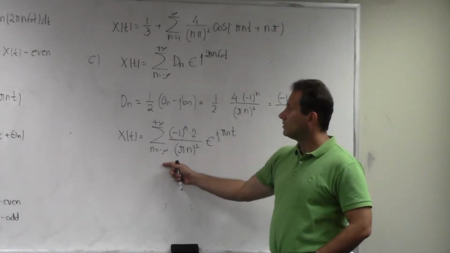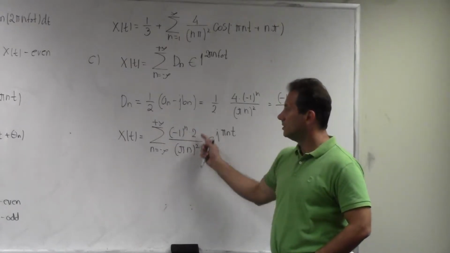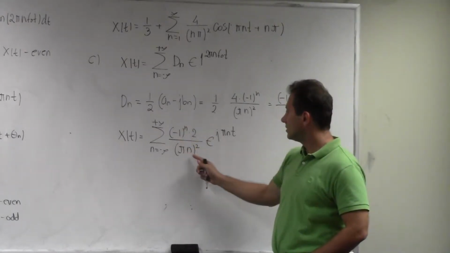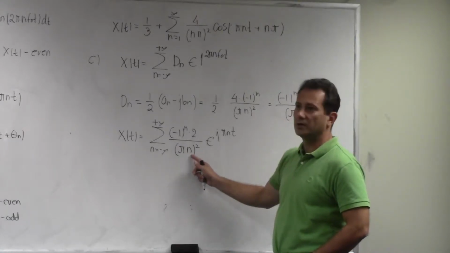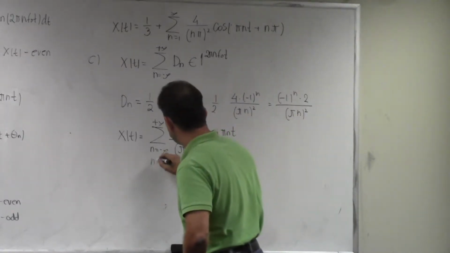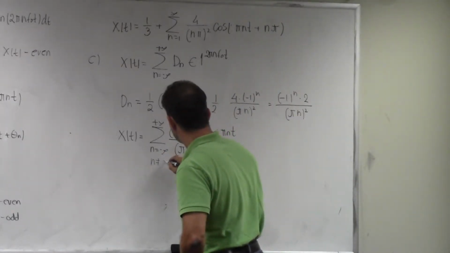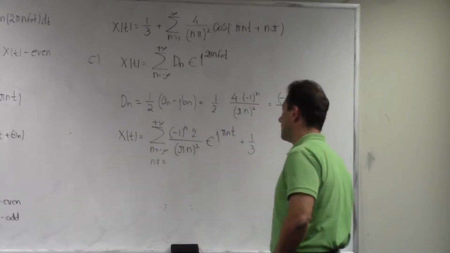And for n equals 0, there is sometimes a chance that this will not be a good fit. Because you can see here for 0, this doesn't work. It goes to infinity. So what you need to do is say when n is different than 0, and then plus 1/3.